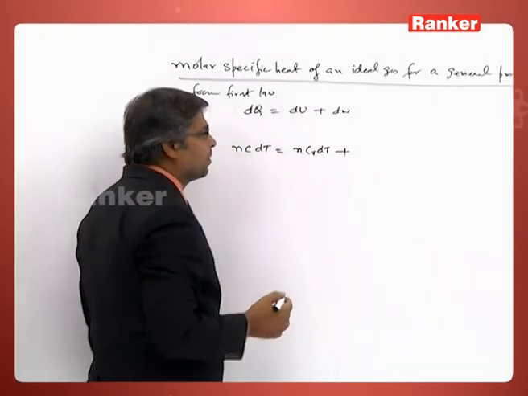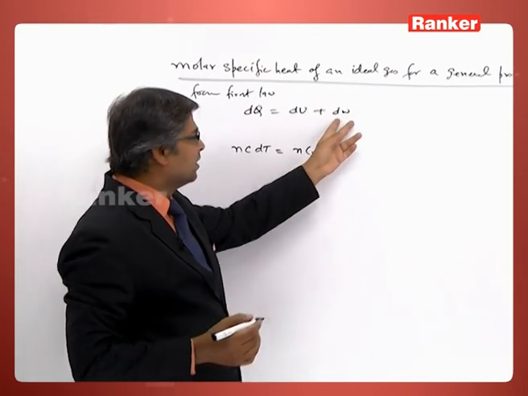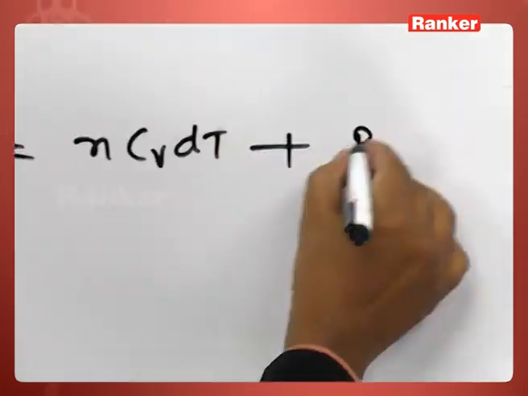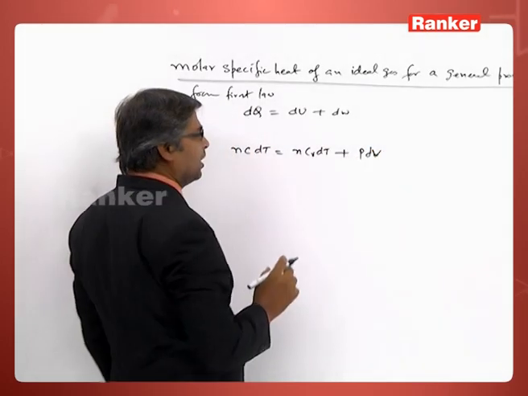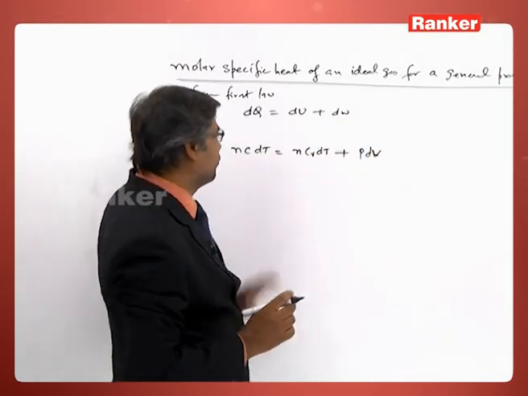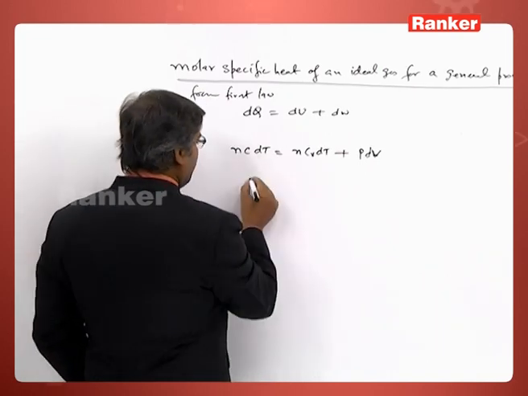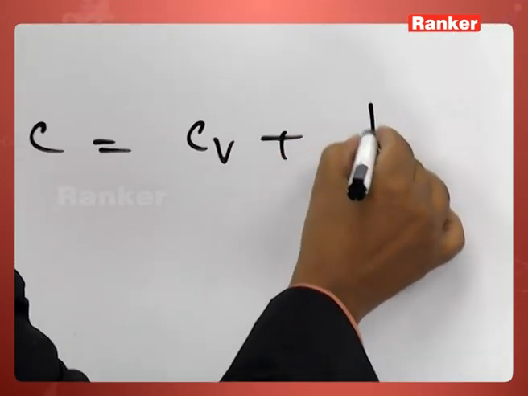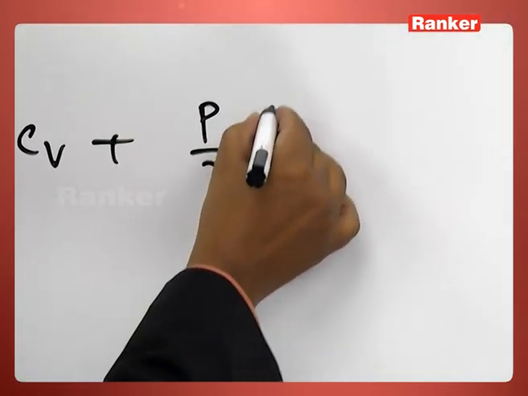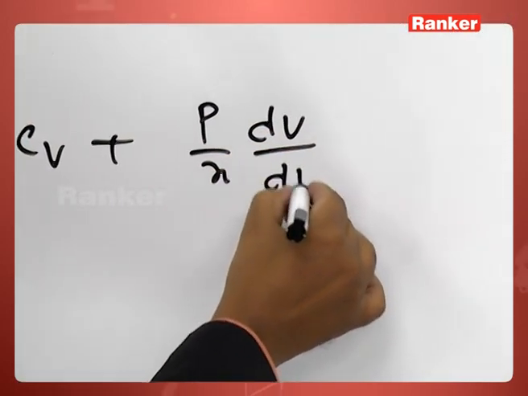And for configurational work done, this is PdV. Other types of work done will also be there, but that is not considered here, so dW is the configurational work done. So we will have C is equal to Cv plus P by n dV by dT.